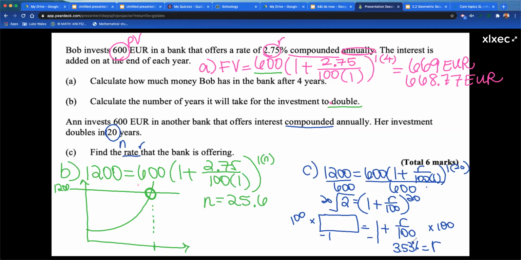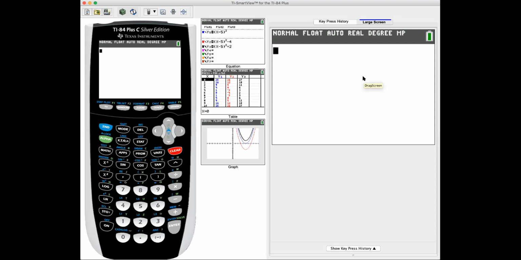Questions on using the formula to get our answers? So real quick, we're gonna take a look at how to use the calculator.